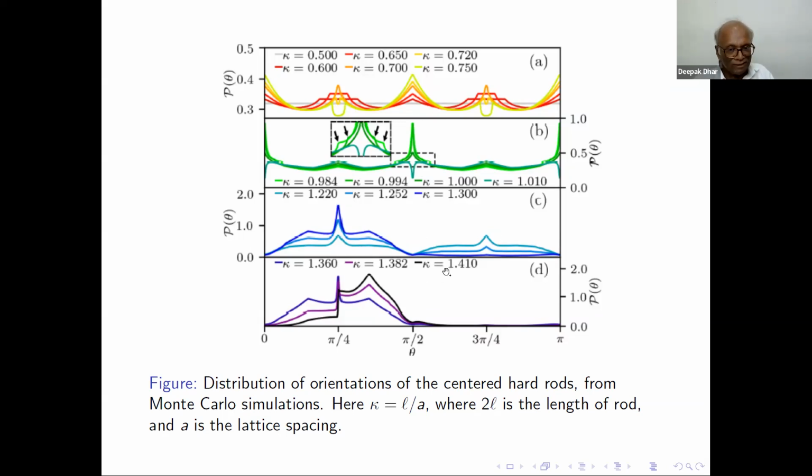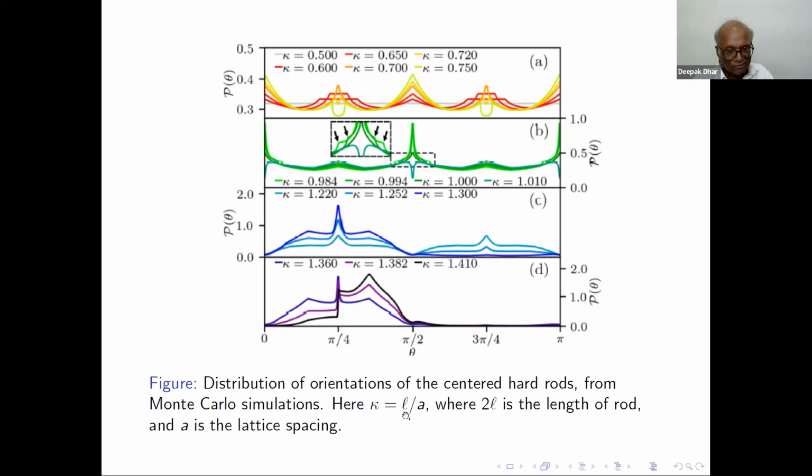But now if you change it even further, it was symmetrical about the middle point, and then it becomes unsymmetrical about the middle point. So there is a second symmetry breaking transition. Of course we haven't plotted further, but if you go further, there might be even more symmetry breaking transitions like this. And we are arguing that there is actually an infinite number of such transitions. Okay, so that is what we would like to show.